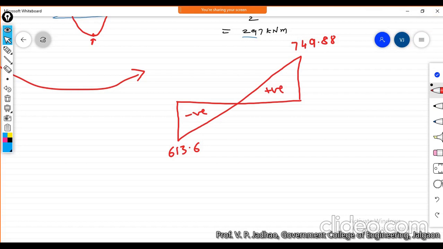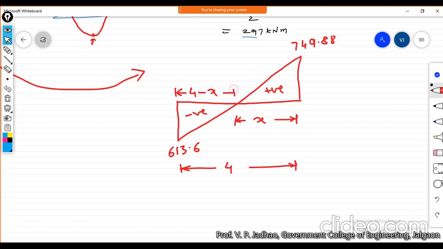Let us consider this particular distance is x, and we know that this total distance is 4 meter, that is the distance between two columns. So therefore this distance will be 4 meter minus x.